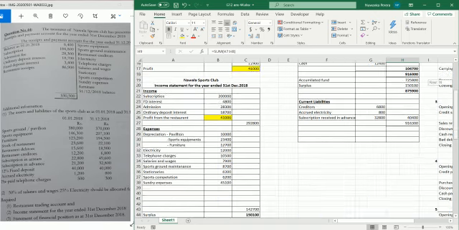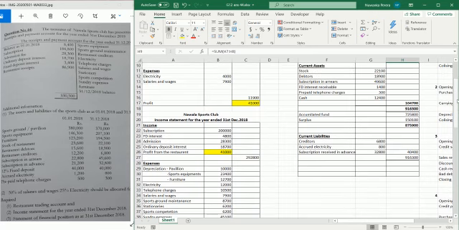And then you have to get the total of your accumulated fund and liabilities. Now here I haven't put the heading non-current liabilities because you are not given any non-current liabilities in this question. In that case, you can just eliminate that heading. So all you have to do is get the total of current liabilities and then add it to the accumulated fund.